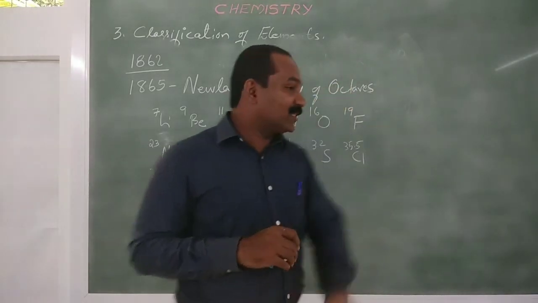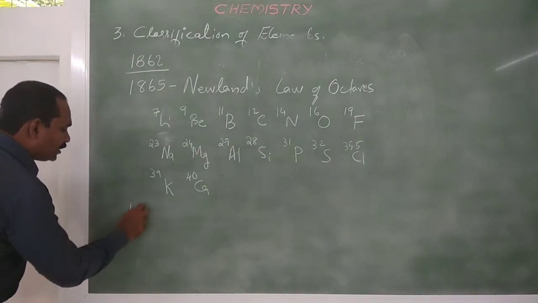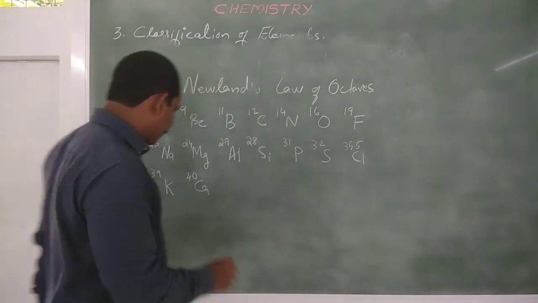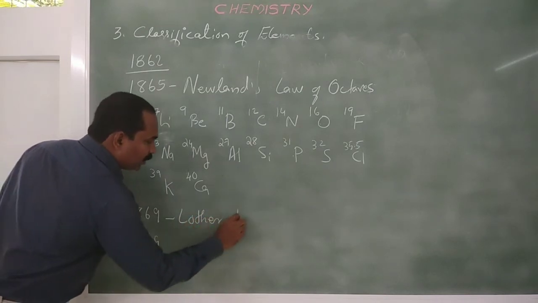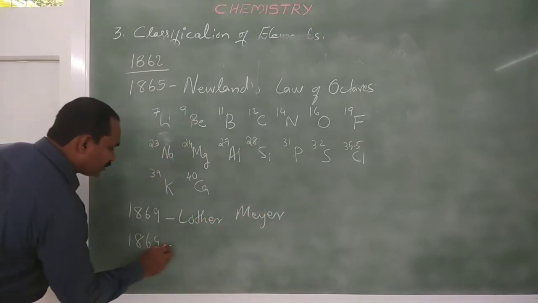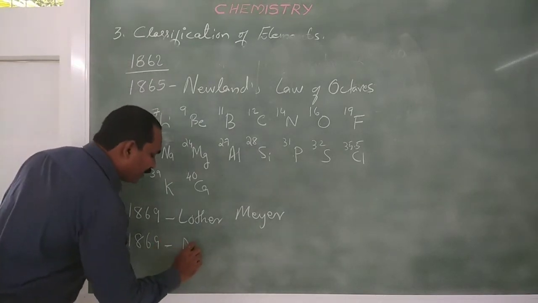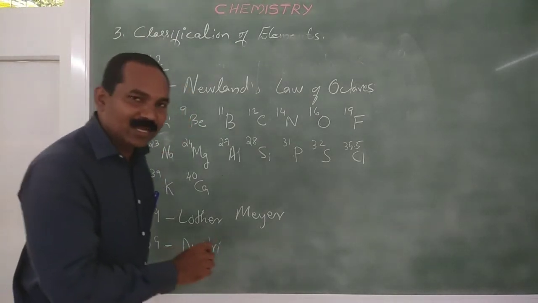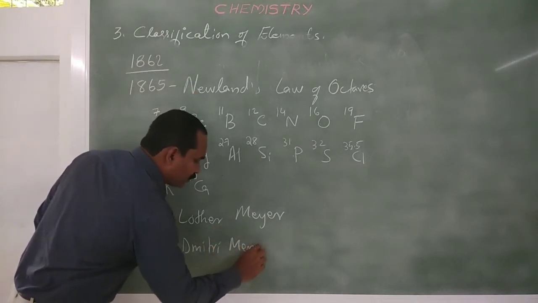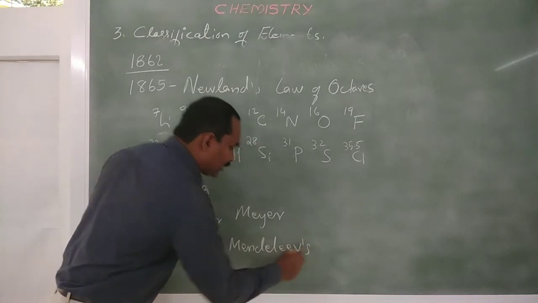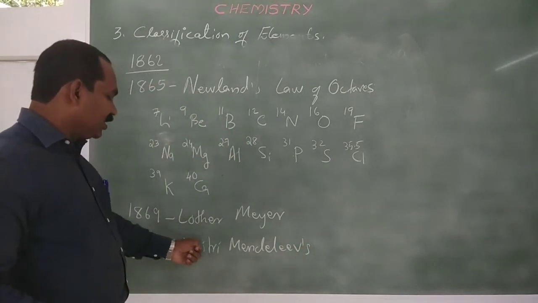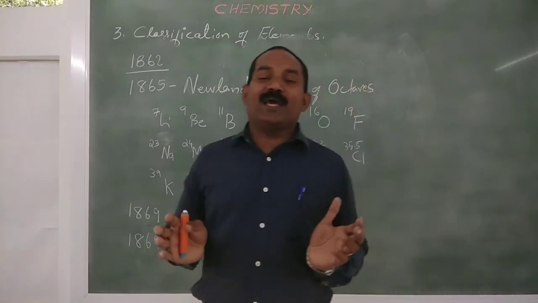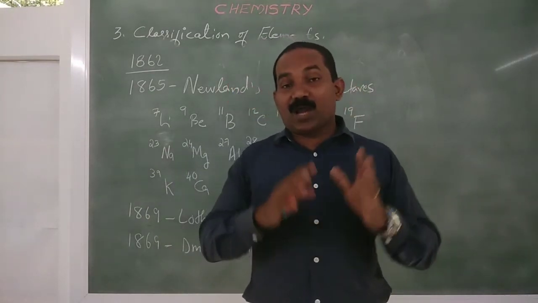And in 1869, two scientists, Lothar Meyer and Dmitry Ivanovich Mendeleev, shortly written as Dmitry Mendeleev, a Russian chemist, independently arranged the elements according to their atomic weights.